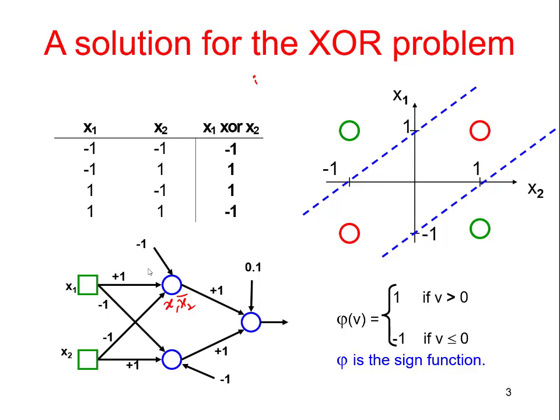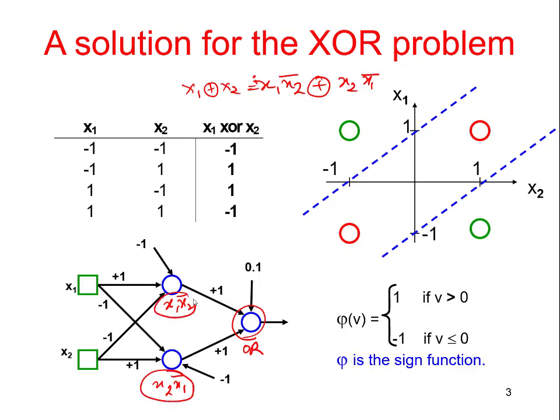And x2 and x1 bar is denoted in this portion, and we know that in an XOR function, x1 XOR x2, we can linearly produce as x1 x2 bar or x2 x1 bar. This can happen in this OR portion. This is denoting the OR circuit, and these are the AND NOT circuits, representing x2 and x1 bar and x1 and x2 bar.